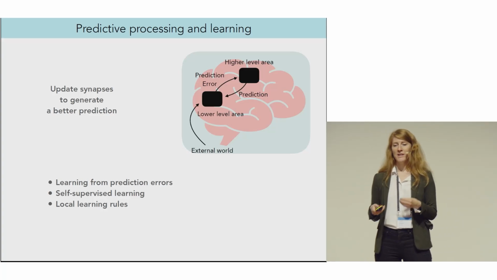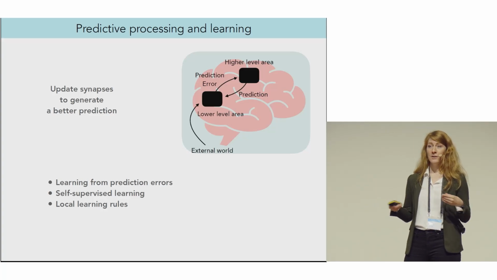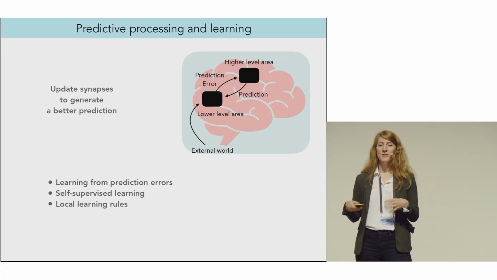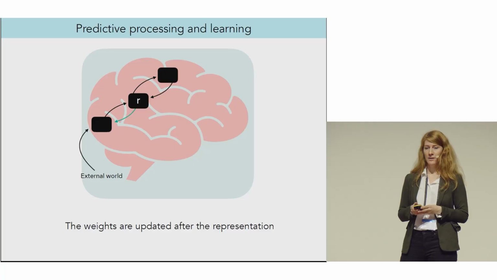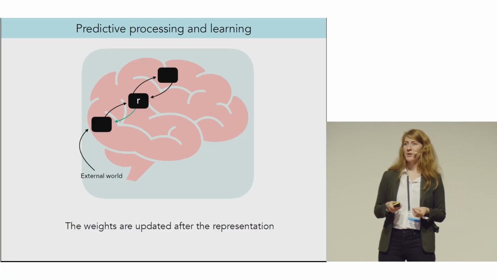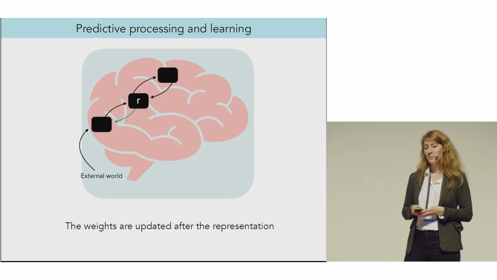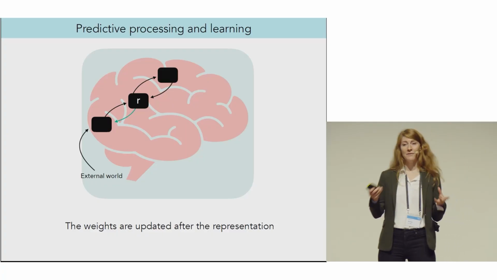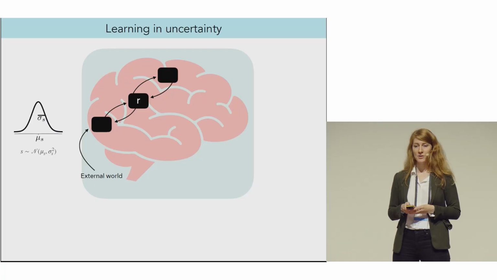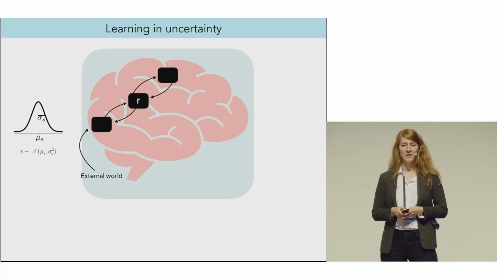And finally, predictive processing is a great algorithm that can be implemented in cortical circuits and maybe also neuromorphic circuits because it only requires local information. And learning corresponds to changing the weights in this predictive coding algorithm, and that happens only after we inferred the optimal representation. So what about uncertainty during learning?